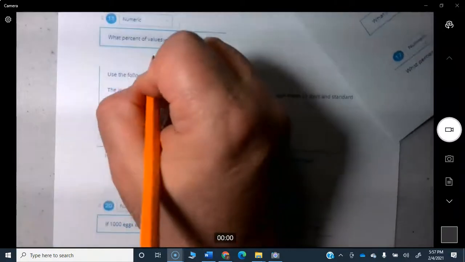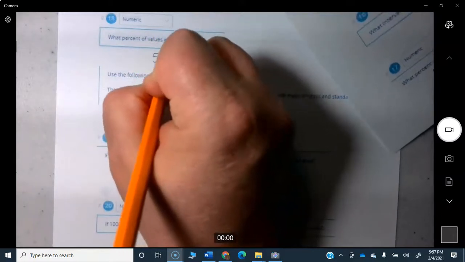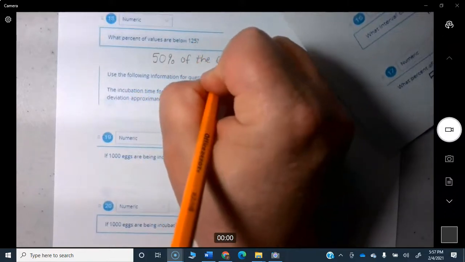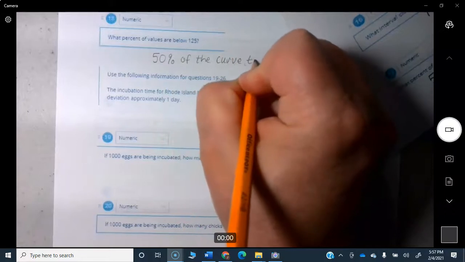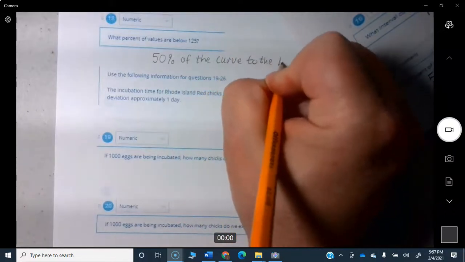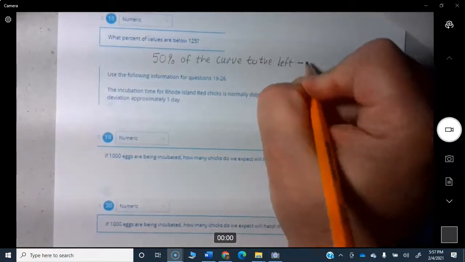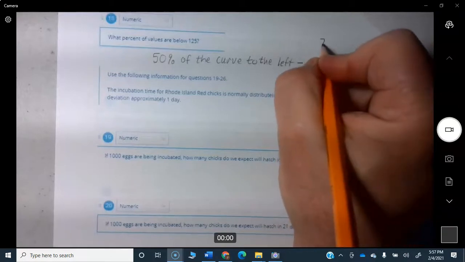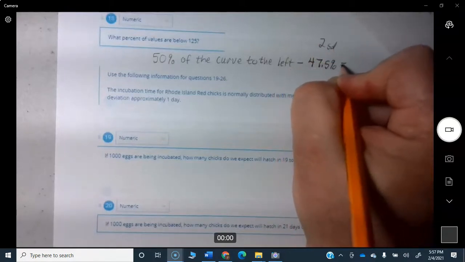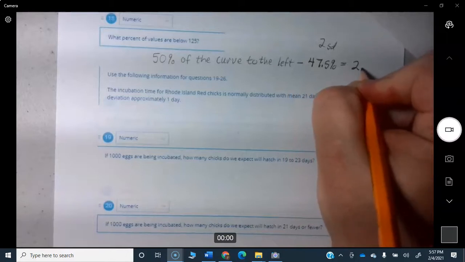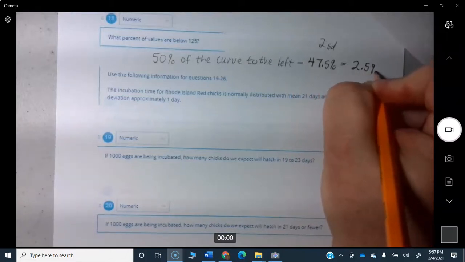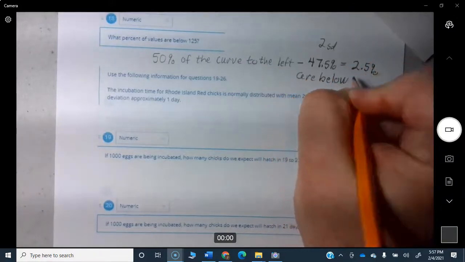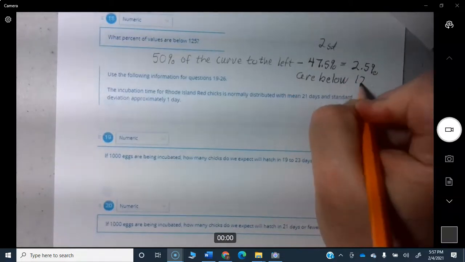So you simply come here and you say 50% of the curve to the left minus 47.5%, which is that's 2 standard deviations to the left, is going to equal 2.5% are below, and I do want you to write this out and explain it, not just write a number, are below 125.